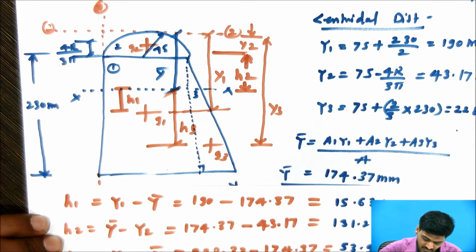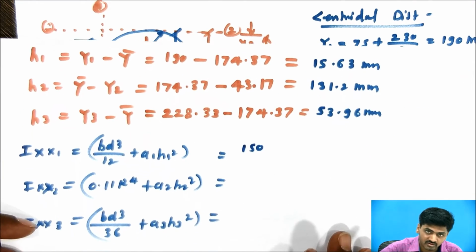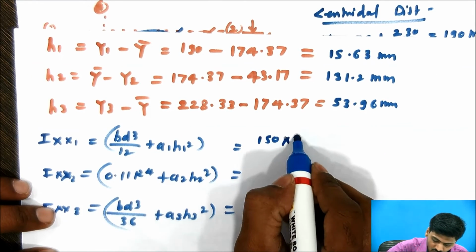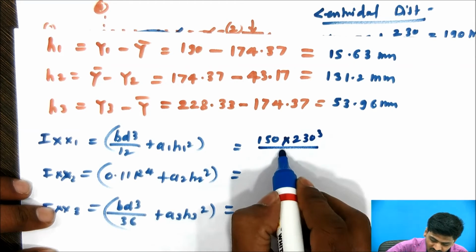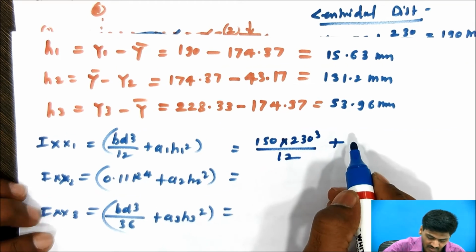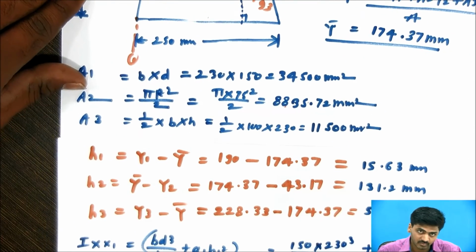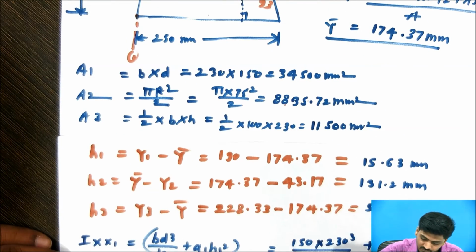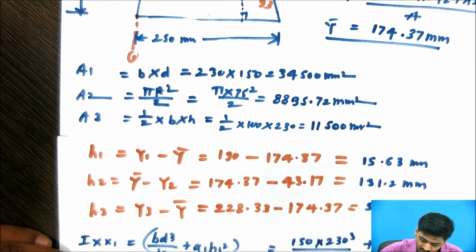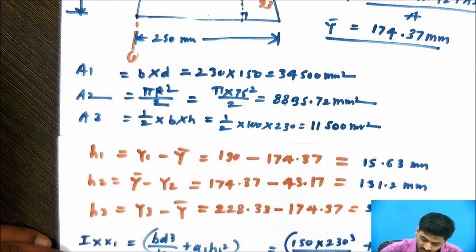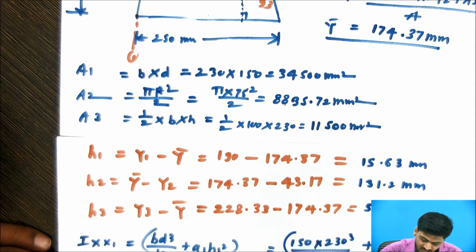230. So here you may consider 150 into 230 cube divided by 12 plus the area of figure number 1, already calculated: 34500 into H1, already calculated 15.63 square. This is the first one. Second one, 0.11 r raised to power 4.